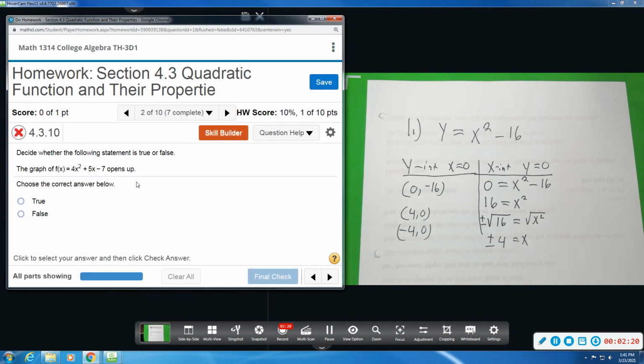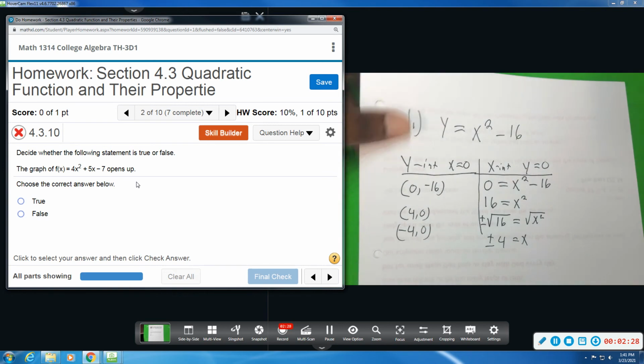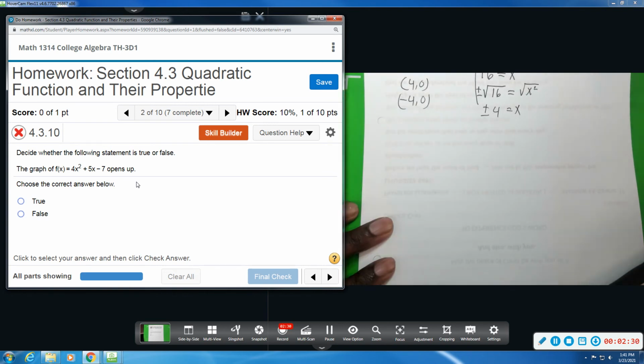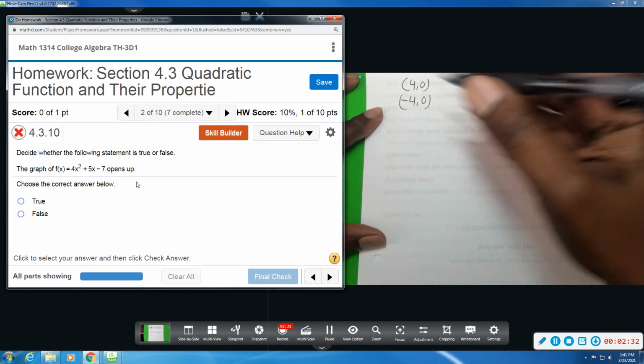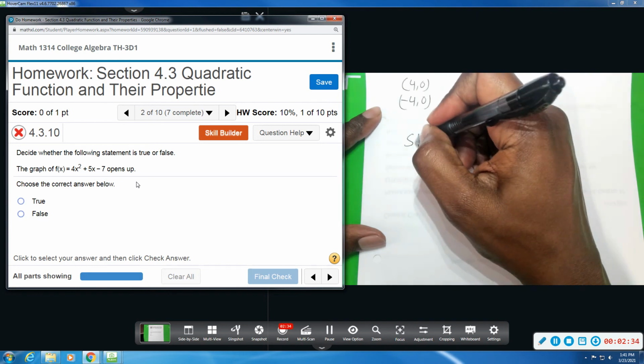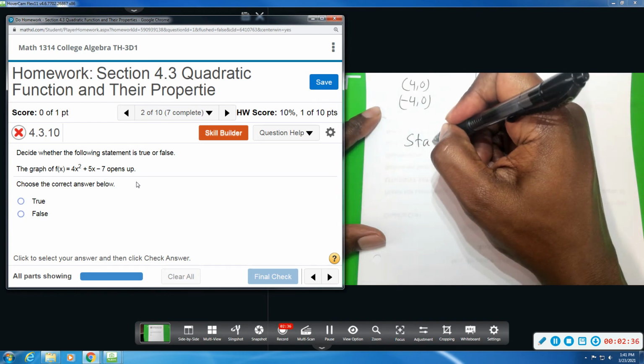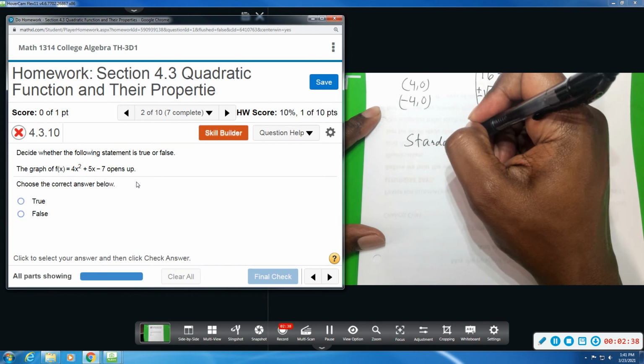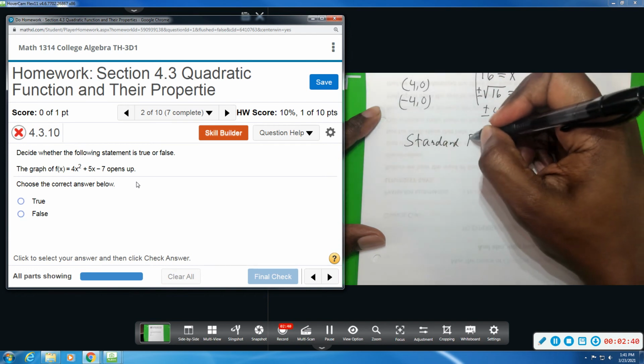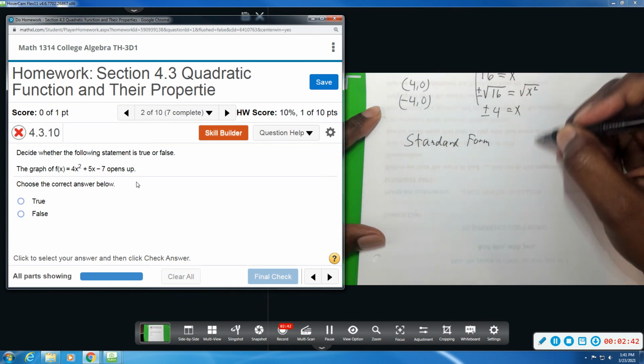Okay, so number 2, we want to know if this graph opens up or down. It says it opens up, and it wants us to verify if that is true or false. Okay, so with quadratic equations, we have two forms. We have standard form, and we have vertex form.